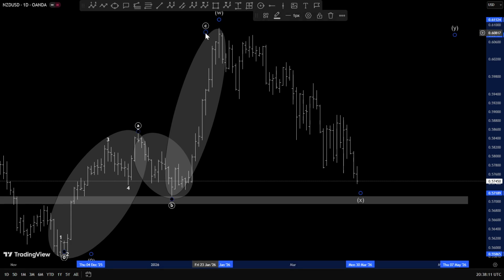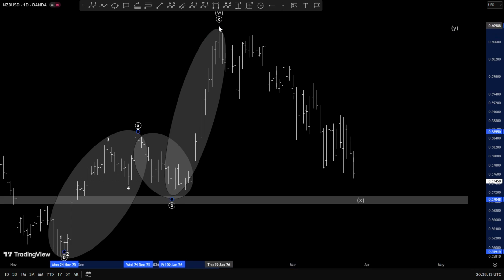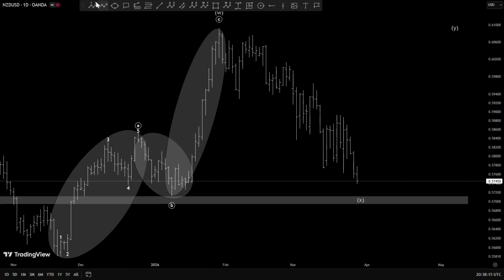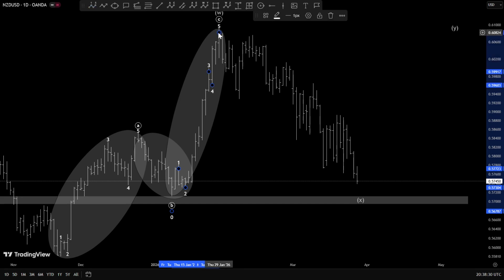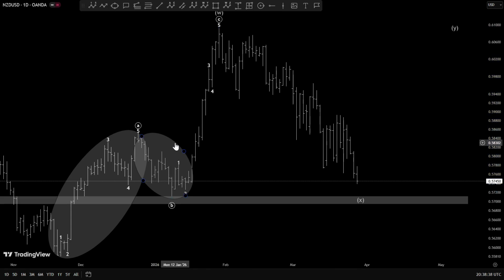We don't want to put too many labels, but let me just put it in there so you see it very well. This is 1, 2, 3, 4, and 5. Okay, now let's remove this because you can now see it clearly.